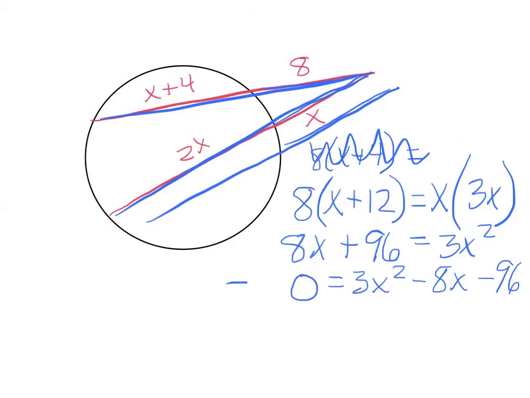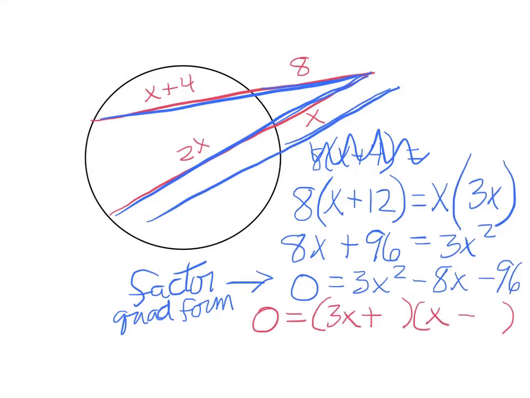And this, then, is a problem we have to factor to solve, or use the quadratic formula if it doesn't factor. So I took a little time to think about this. Have you figured out what you need to put right here and right here so that when you multiply them you get negative 96, but when you add them you get negative 8?